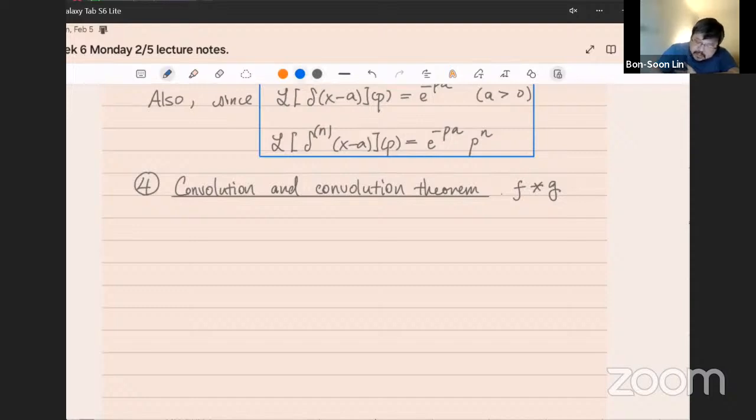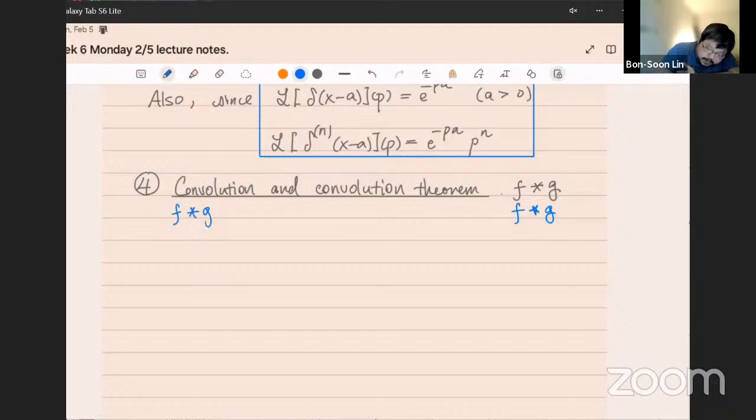If you have a habit of writing star for actual regular multiplication, then I recommend you just draw a little star like that. Okay, so it's a new operation. The result of f star g is going to be yet another function. And what exactly is f star g?